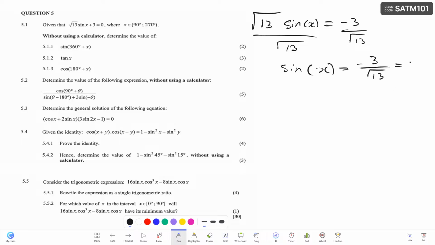So remember, when I draw this diagram, sine is y over r, opposite over hypotenuse. So now we need to get our x. But before I get my x, there is something that is going to guide us here.